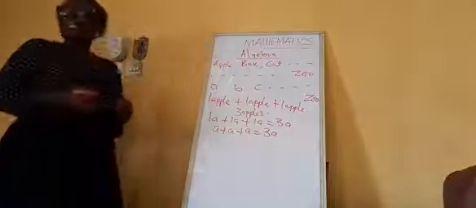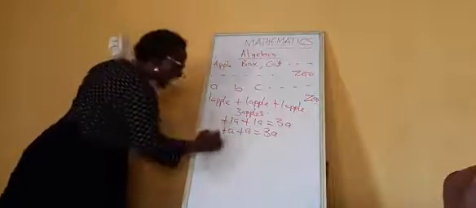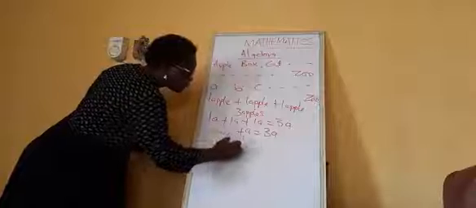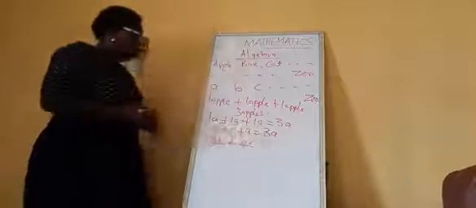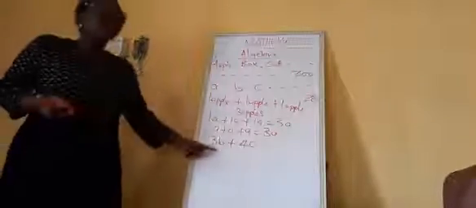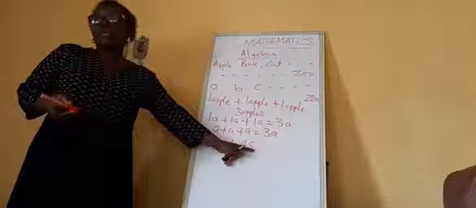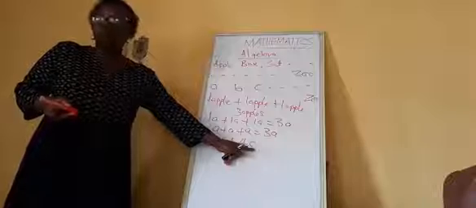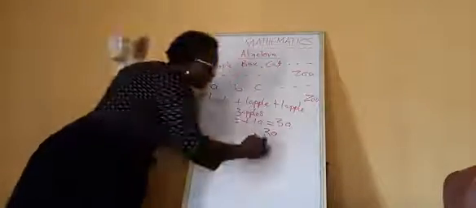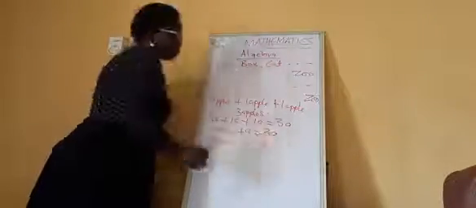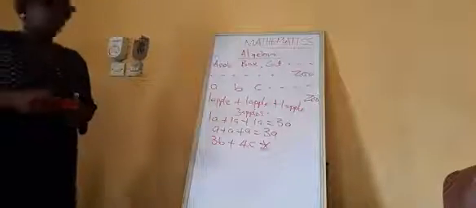As I've said earlier, that is very wrong. You cannot add 3B plus 4C. B here could mean banana, while C could mean cup. So it's very wrong. You cannot add them together because they are not in the same group.